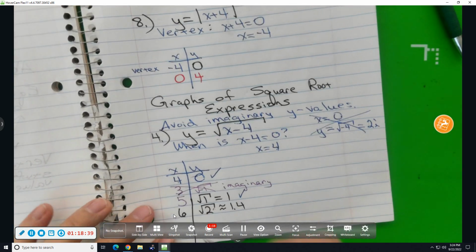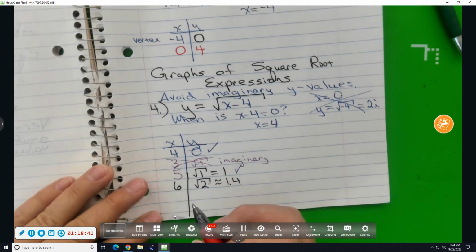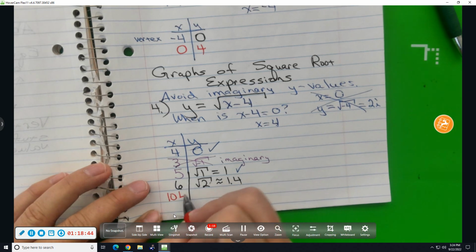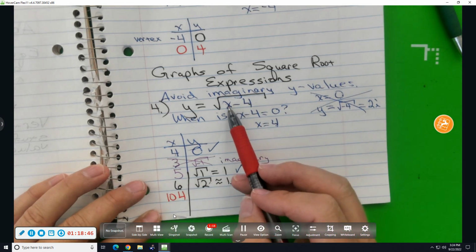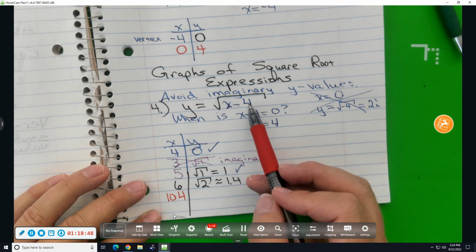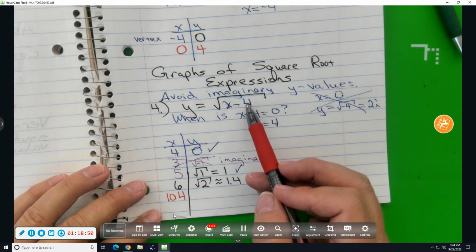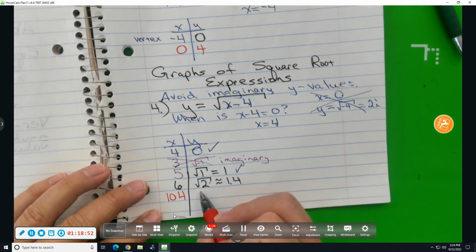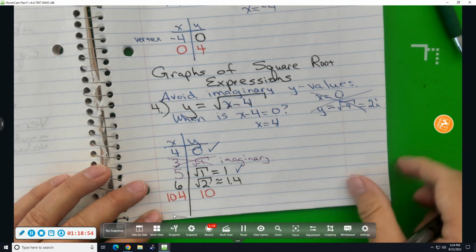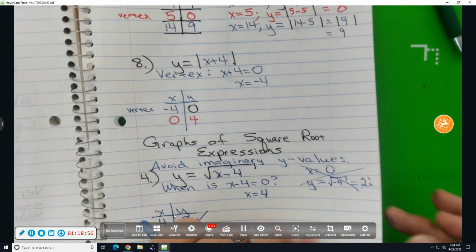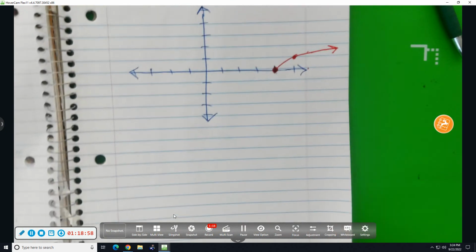Suppose I'd plugged in 104. 104 minus 4 is 100. The square root of 100 is 10. I said the graph was increasing very slowly.